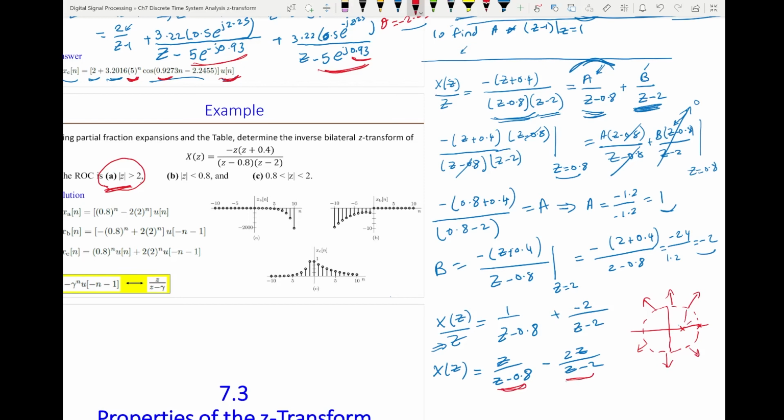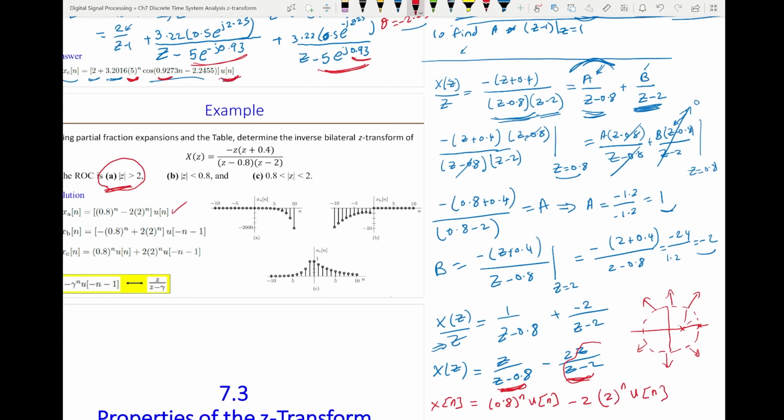So that means the signal in the time domain for both of them is causal. Exists for n positive. So x of n in this case will be 0.8 to the n u of n, from the table, minus 2 to the n u of n. This is the answer for part A.